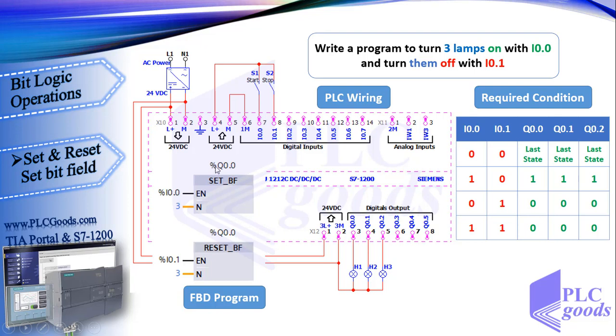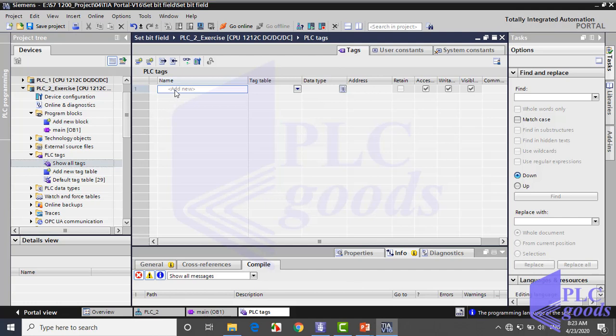See the PLC wiring. There are two push buttons at PLC inputs, and also, outputs with Q0.0 address to Q0.2, are connected to three lamps, whose tags are H1, H2, and H3. So let me define my tags based on this PLC wiring.